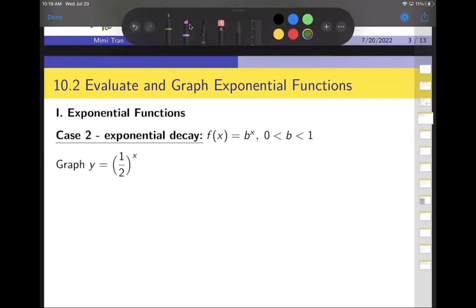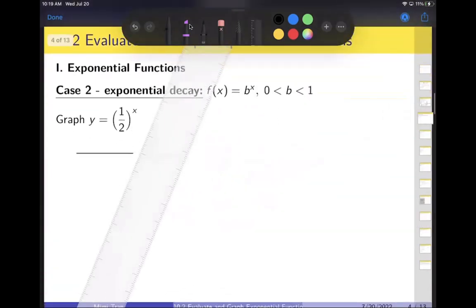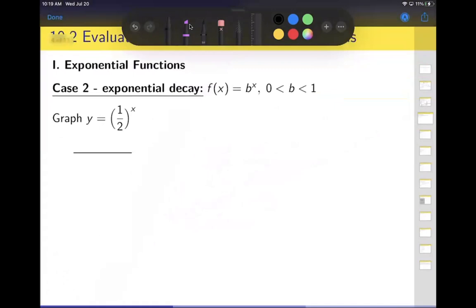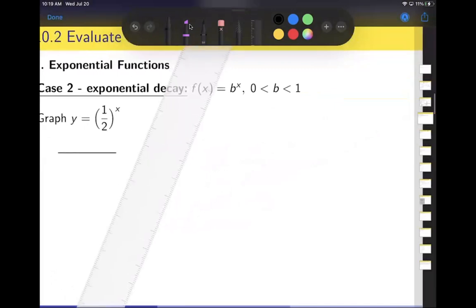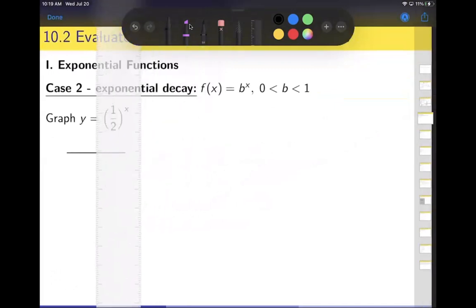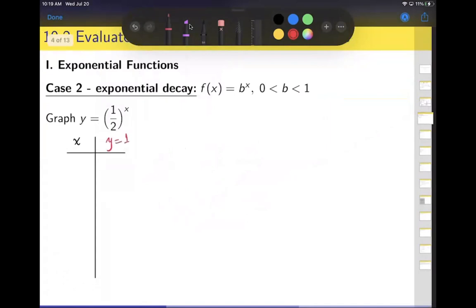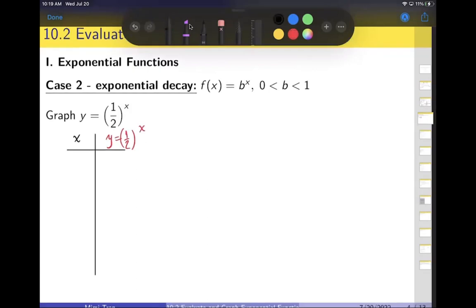And again, let me do a little table here to see what happens. So x, and then y equals 1/2 to the x. Same thing, I'm going to pick -2, -1, 0, 1, 2.